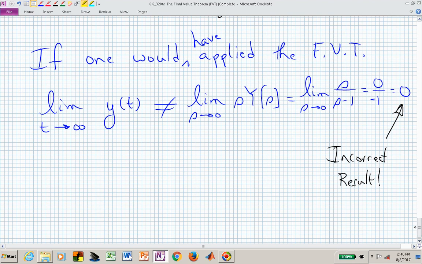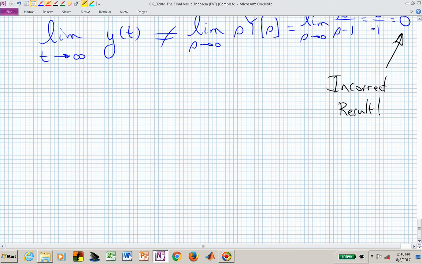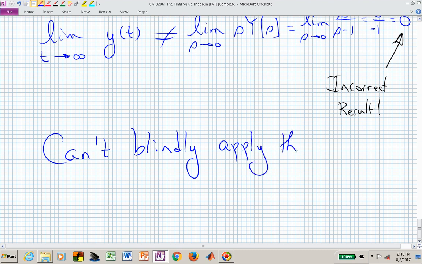If we did, we would be misled and thinking that, oh, everything's fine, y of t is going to go to 0. So let me just say that you can't blindly apply the final value theorem.